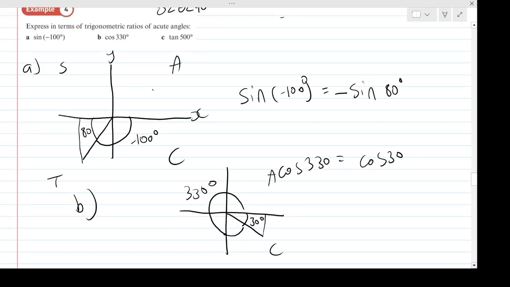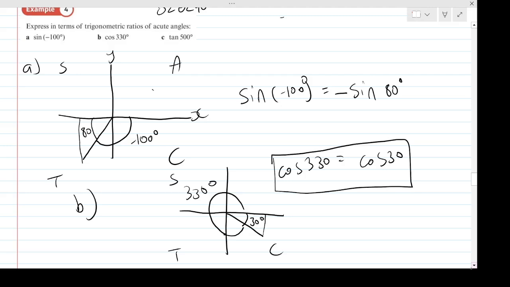So we'll label it CAST in this way. In this fourth quadrant, we notice it's C, so cos is positive. So it's just going to be plus 30, because cos of 330 will also be positive. So we can equivalently express cos 330 as cos of just 30.